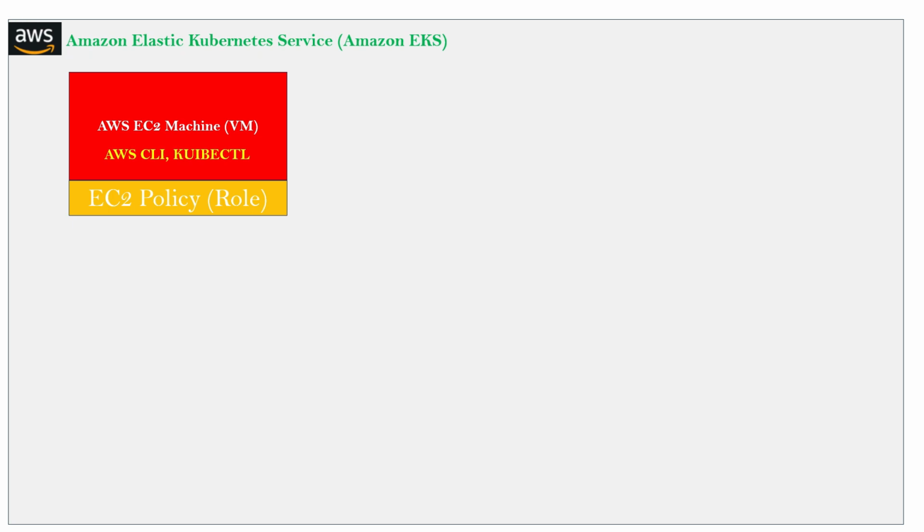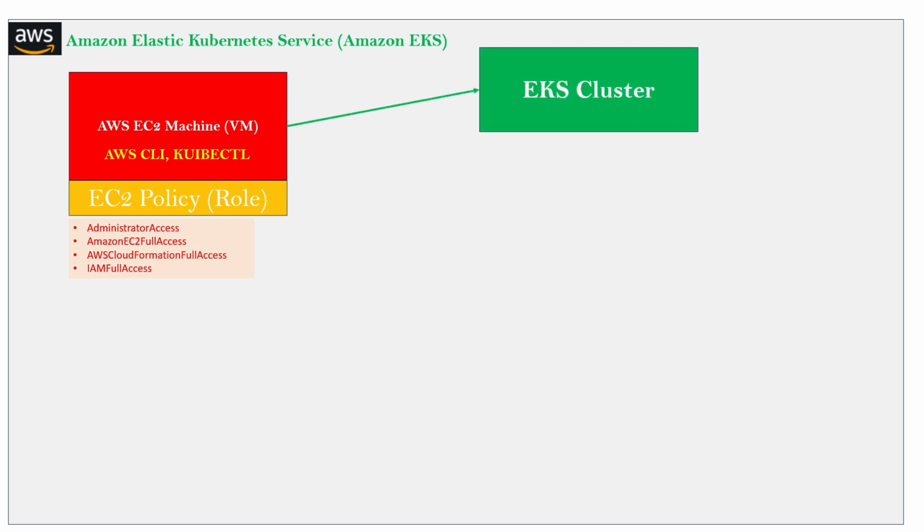So for that you have to assign certain roles so that this EC2 machine can reach your Kubernetes cluster and manage your resources. The process is very straightforward in AWS. There is an option to create a role in Identity and Access Management, and there you can create a role, and these are the 4 different policies that you can assign to your role. And later this particular role we need to attach to the EC2 machine. So that is the first step.